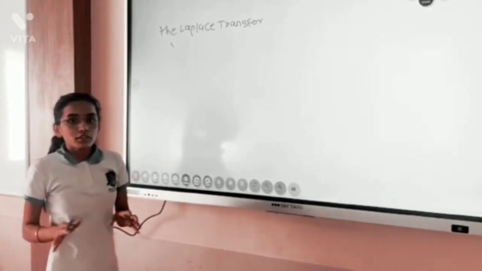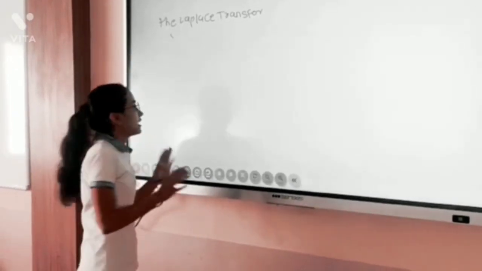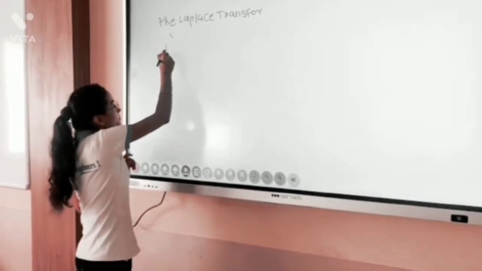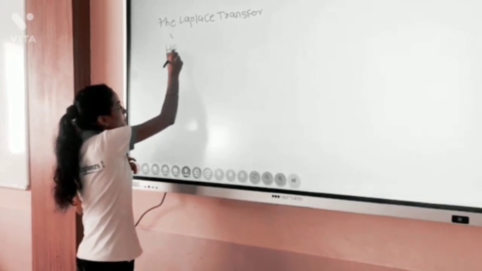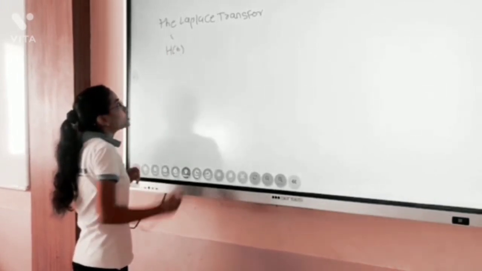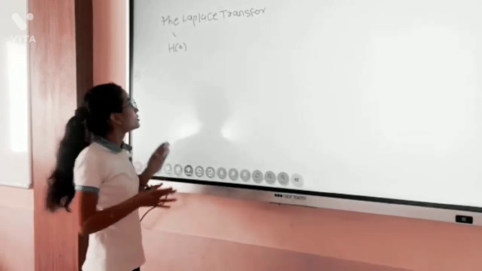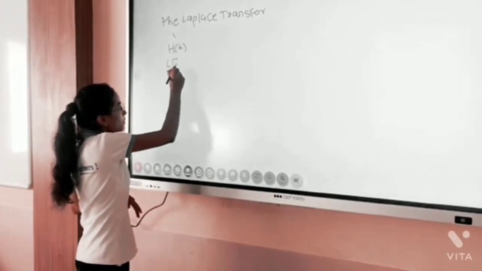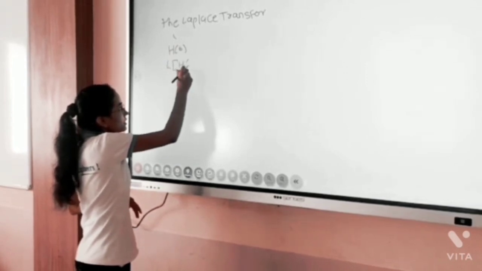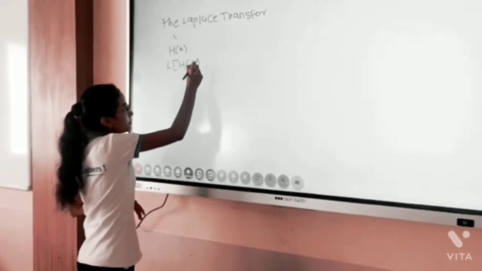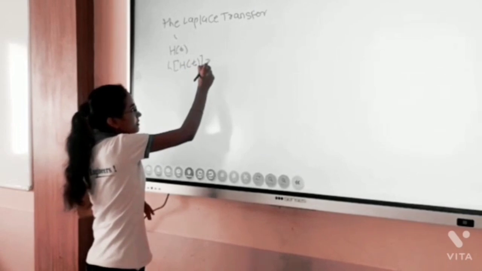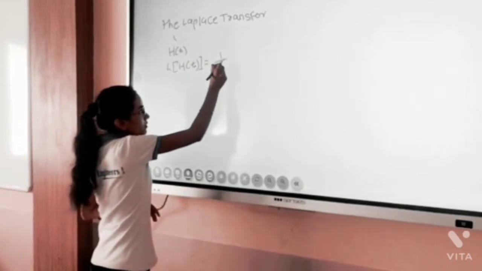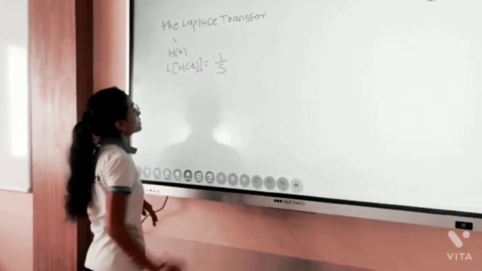First we have a function h of t. Then the Laplace transform of h of t equals 1 upon s.